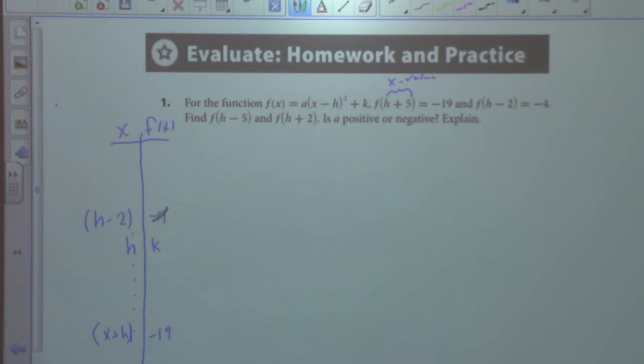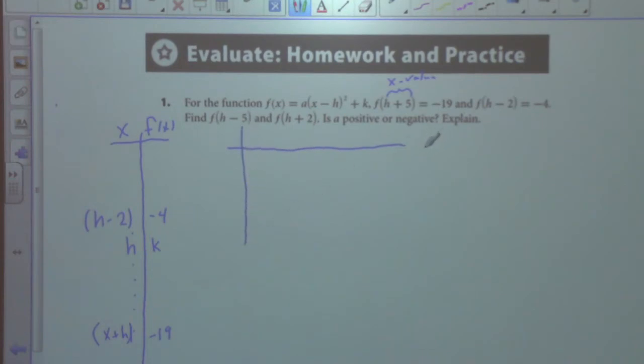Well, K, here's the thing about K that's crazy, because K could still be higher than negative 4, right? Oh yeah, because it's the vertex. Yeah, so I'm not 100% sure. This is going down. Okay, let's look at this. Do we know what H is? No, we don't.